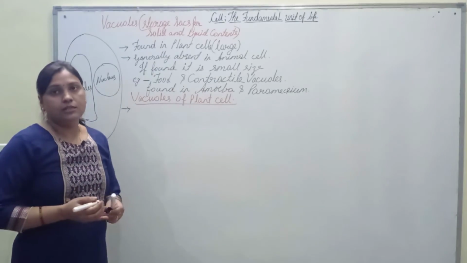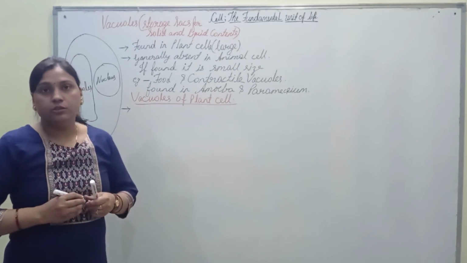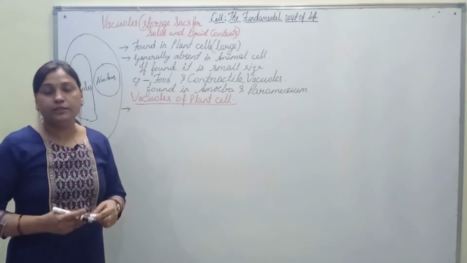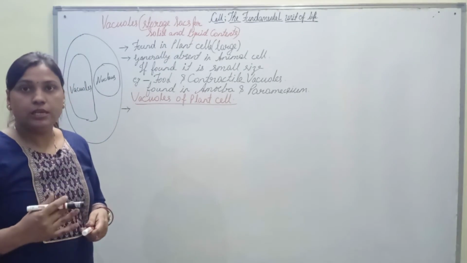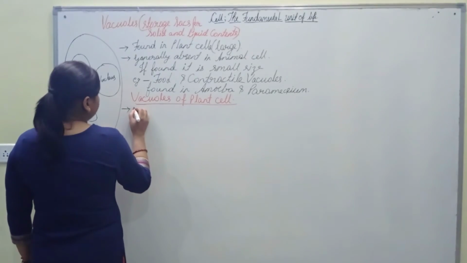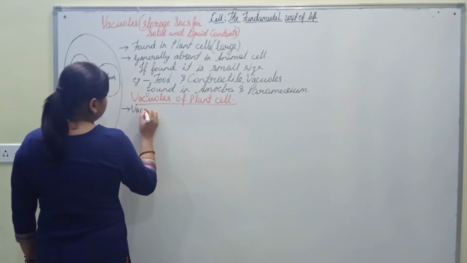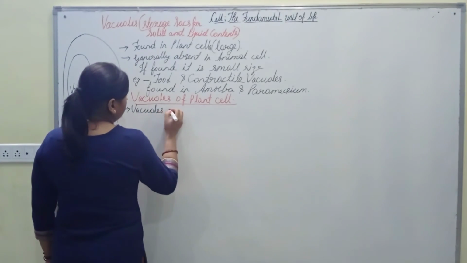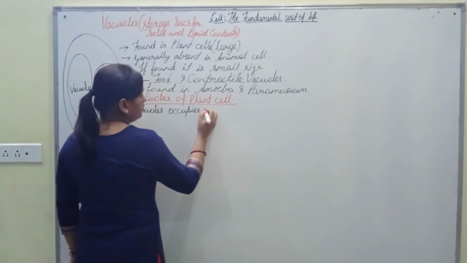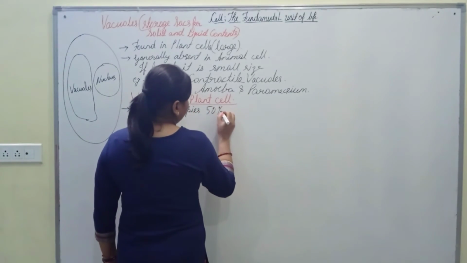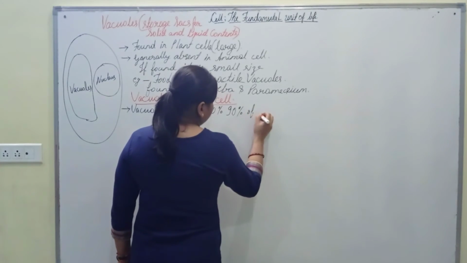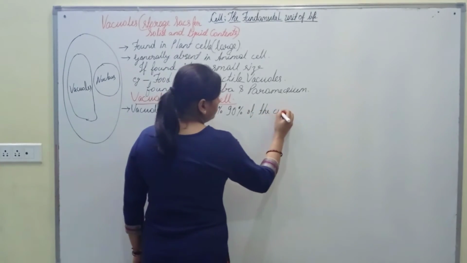In some plant cells, vacuoles occupy 50 to 90% of the cell volume.